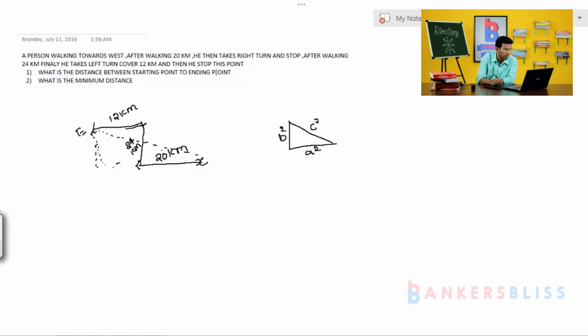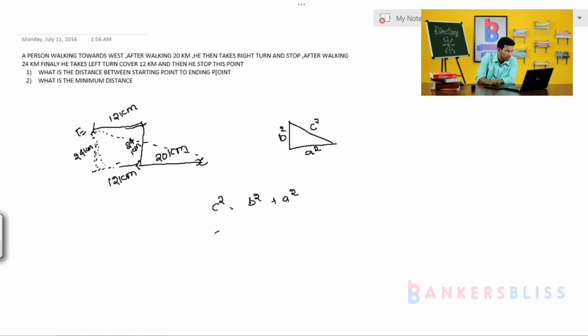This distance is from this point to this point. Look here, guys, from this we have 12 kilometers, and from this to this we have 24 kilometers. Then this is the x. C square is equal to B square plus A square.